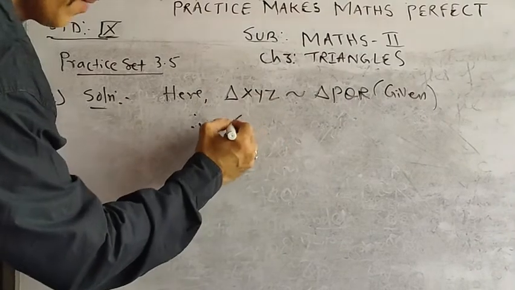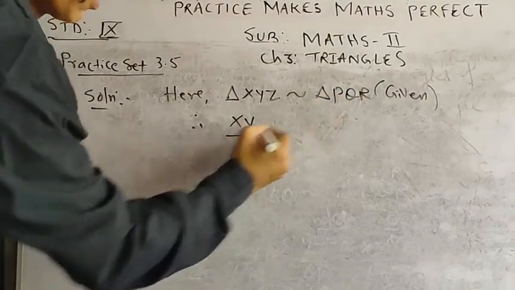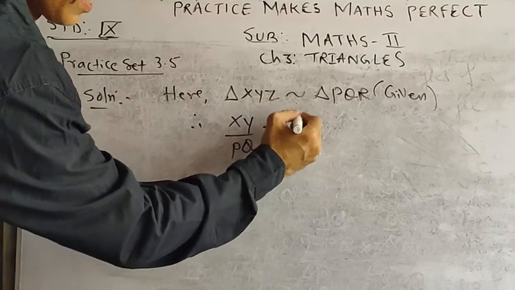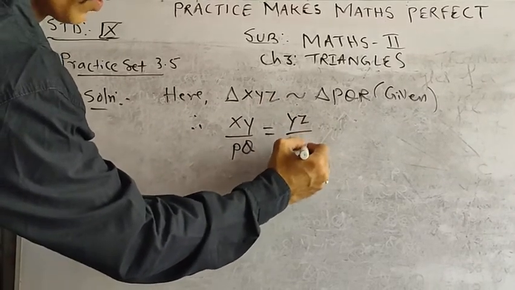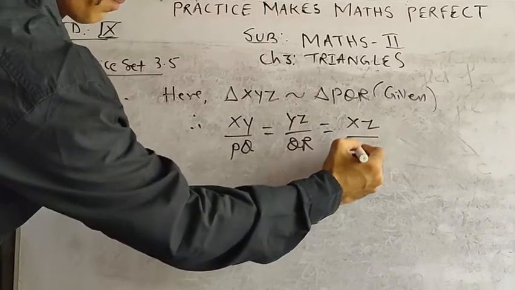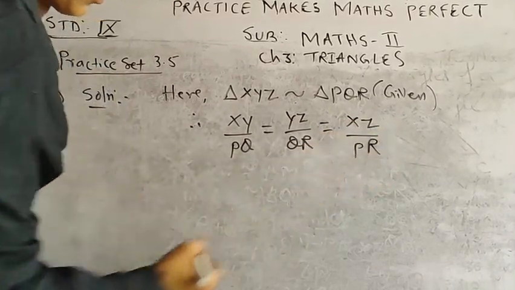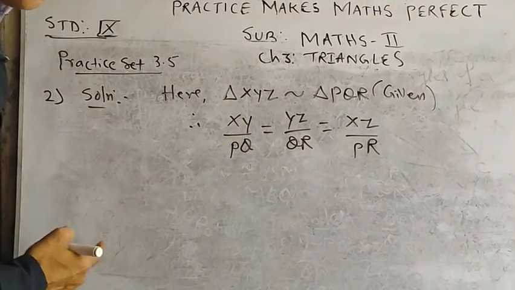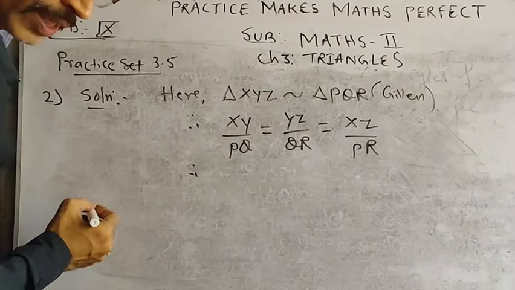So XY upon PQ is equal to YZ upon QR is equal to XZ upon PR. So when two triangles are similar, sides are in proportion, and therefore all values are given.